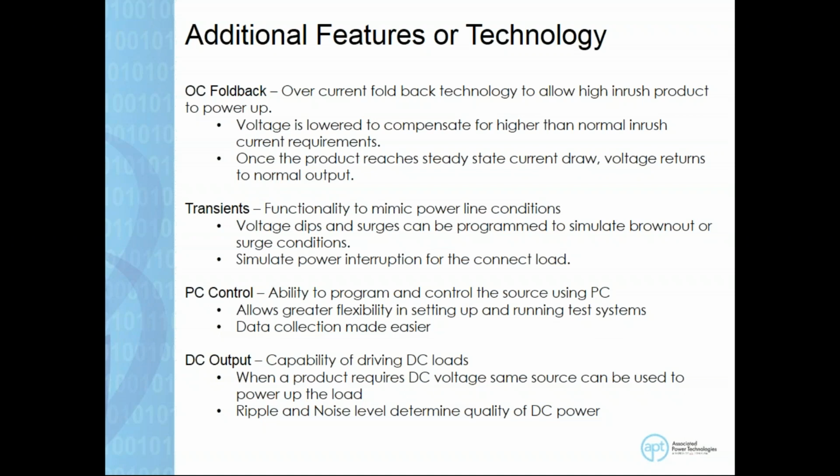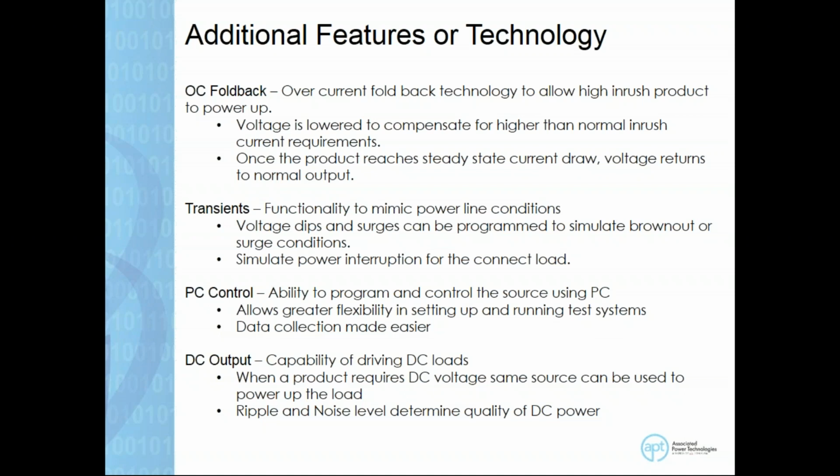area where the motor is already spinning and it doesn't require that much current to keep it spinning. With a technology like OC fallback, it allows you to power up loads that may be beyond the requirements. Let's assume you had a much higher current draw that pushed you just over a 2 kVA power supply. For the inrush time, the motor requires almost 3 kVA of power. How do we address this? We let the motor power up on the 2 kVA power supply using an OC fallback technology where the voltage is lowered to allow the high inrush of current.